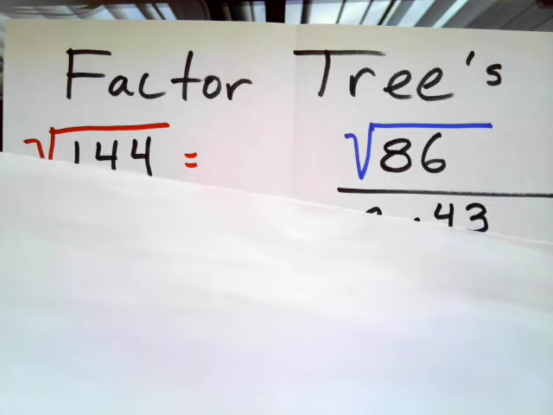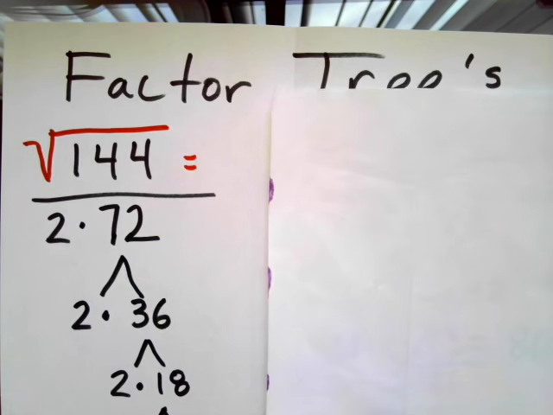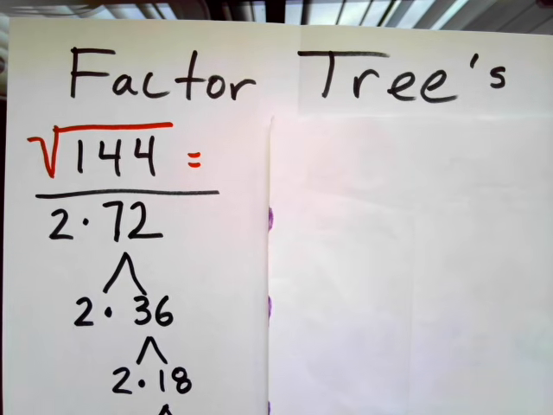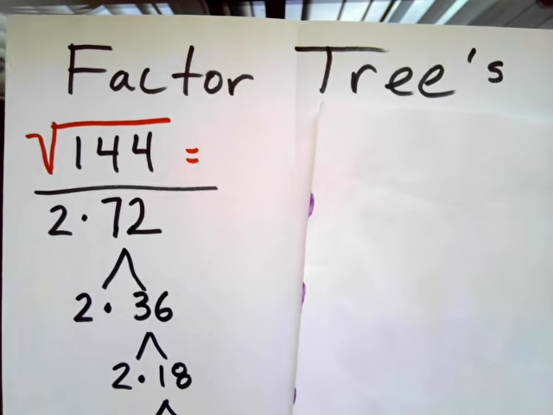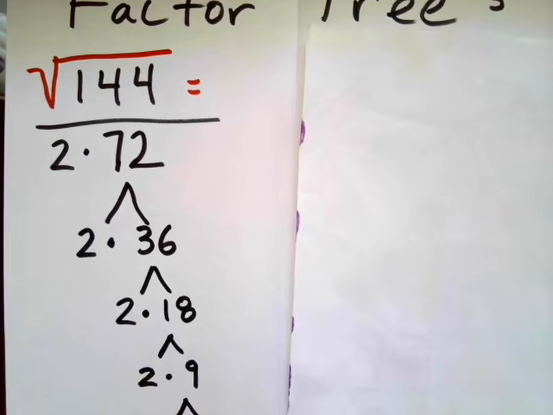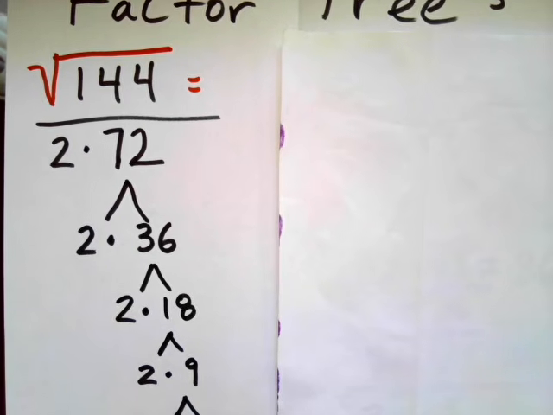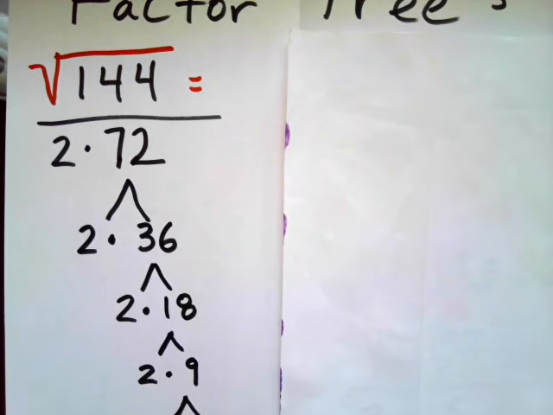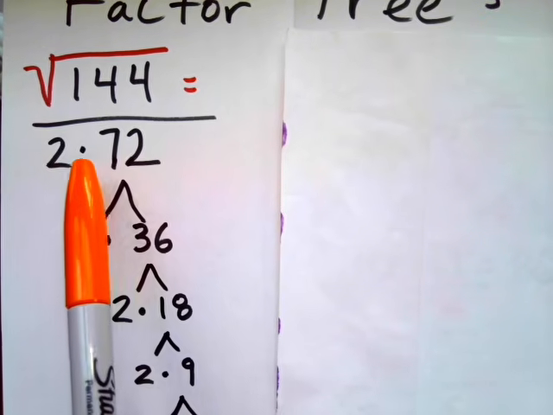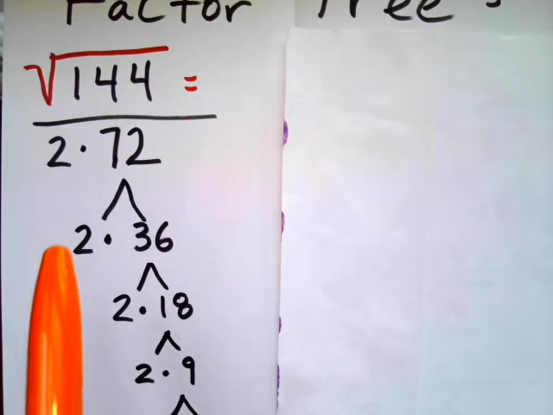First I would like to show you how to break down that 144 using a factor tree. Now 144 is an even number. I know I can divide 2 into any even number. That's what I'm showing you here. So 2 times 72 gives me 144.